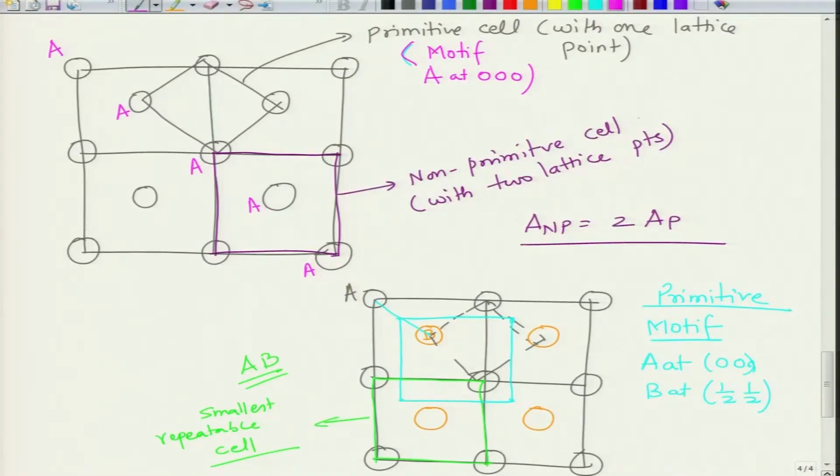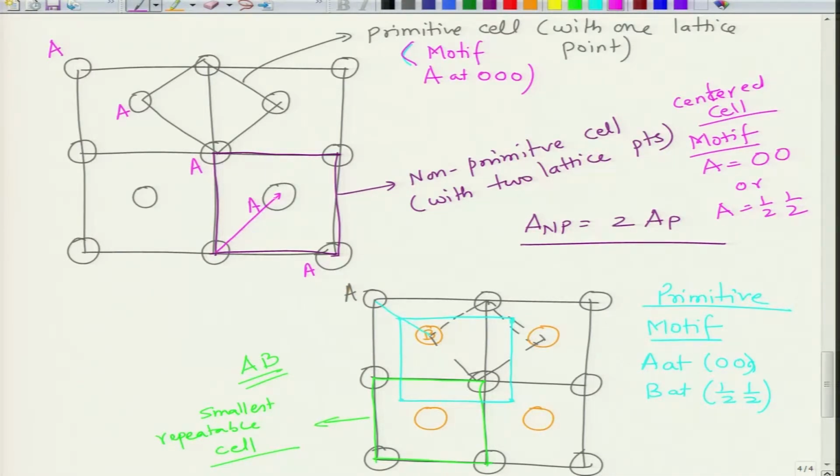But if you want to define a non-primitive cell, let us say a centered cell, then the motif would be A equal to 0 or A equal to half half. The moment you say it is a centered cell, the motif at A equal to 0 automatically means that you have one at 0 0 and one at half half, or if you say A is at half half, it automatically means there is another one at 0 0, because of the translation vector in this case.